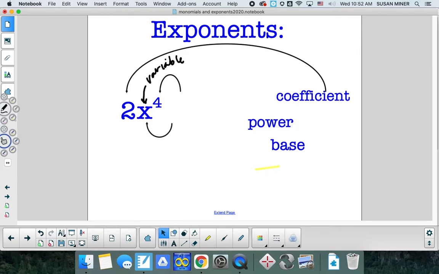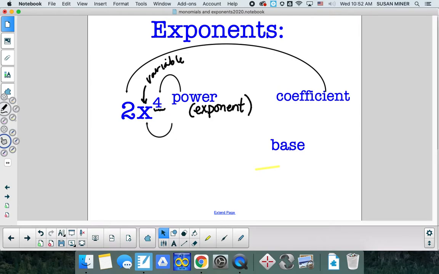But when it gets an exponent on it, this little tiny number up here is the exponent. We also can call it the power, but it is also the exponent. And it's the little teeny tiny number up on top. And when the variable or the coefficient has an exponent on it, it is what we now refer to as the base.